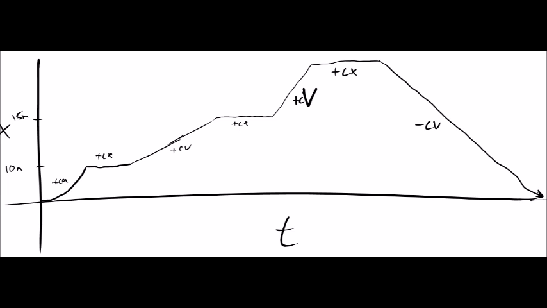If we were to graph this and label everything, we have a positive constant acceleration, constant displacement, positive constant velocity, positive constant displacement, a faster constant velocity. So I'll draw that V a little bit bigger. Another positive constant displacement, and then a negative constant velocity.